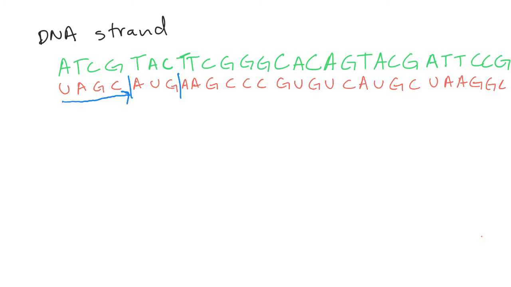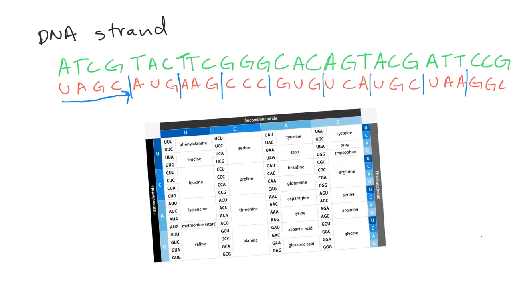But you actually don't start until you get to the AUG. And then after that, I would just split it up into these codons. And then you need your table to figure out what the rest of them code for.